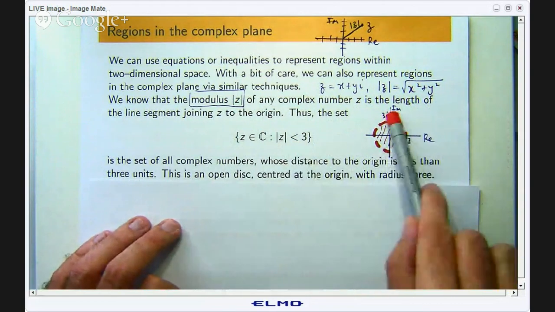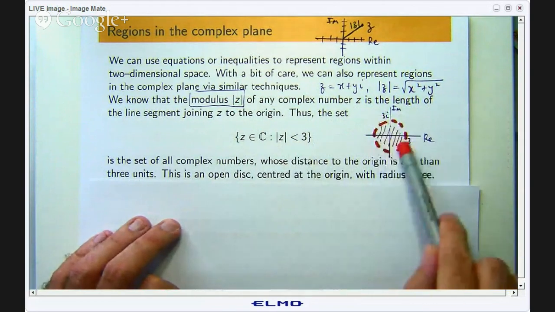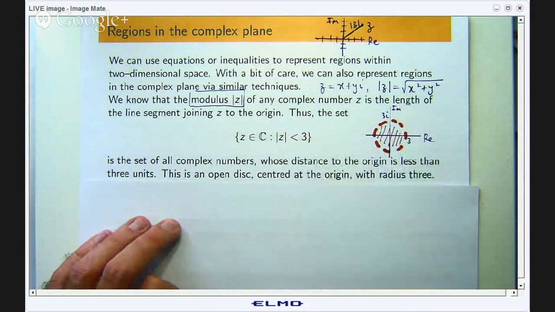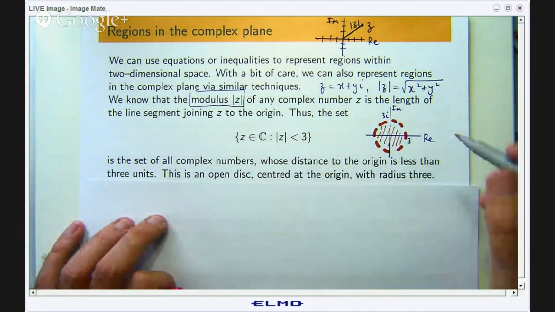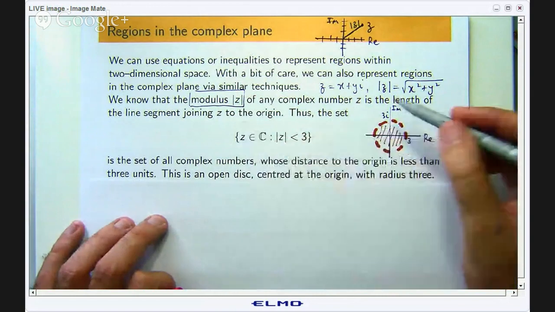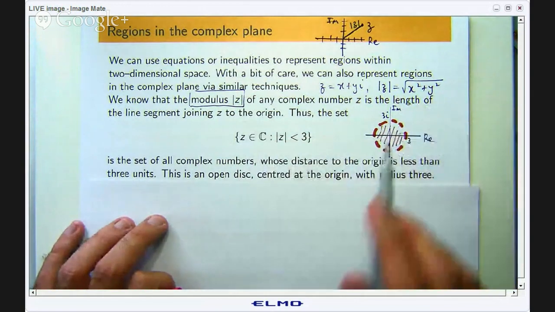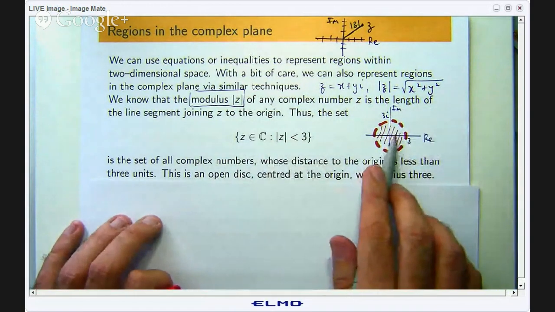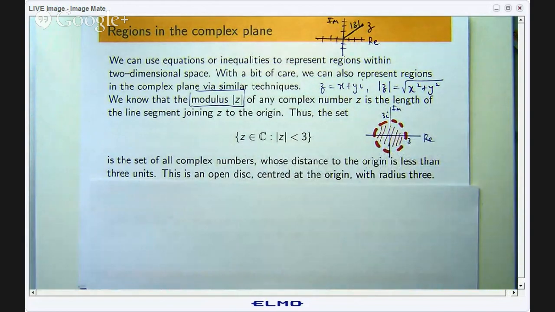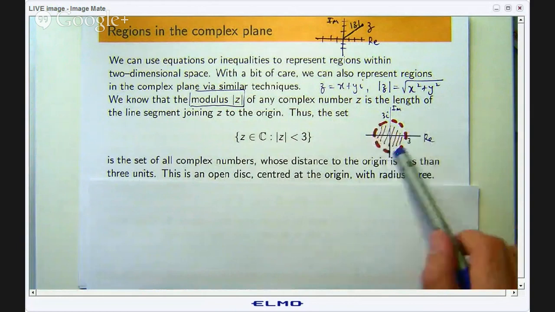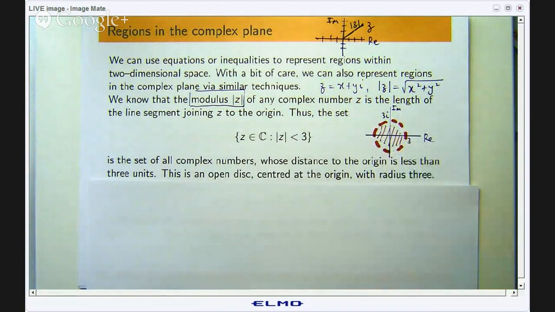Okay, if we were to include the boundary or the circle, we would have to have a less than or equals to sign there. Okay, so this set is all those points lying in this open disk with center at the origin and radius 3, but not including the circle that bounds the set.